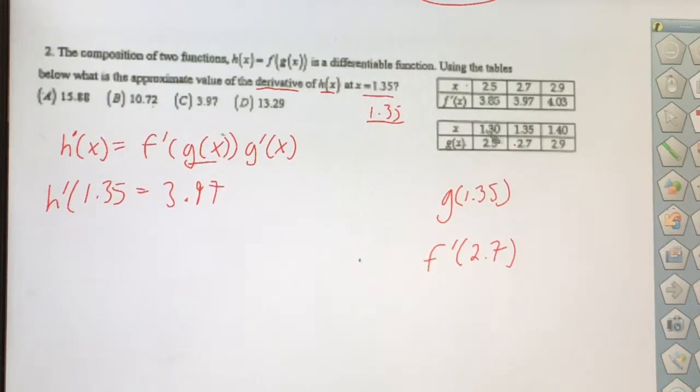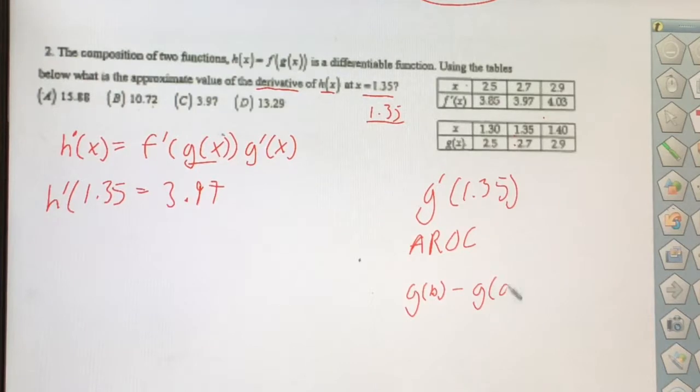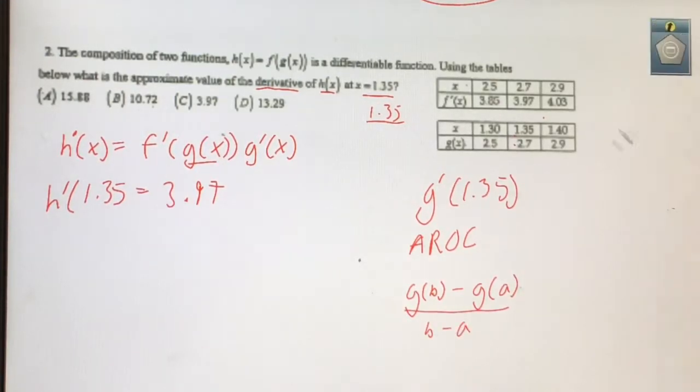Now this is the tricky part. I don't have a g prime graph, and it wants to know what g prime of x is. So in order to find g prime of 1.35, I'm going to use a rock, the average rate of change, to find the slope at 1.35. Notice 1.35 is directly between 1.30 and 1.40. So I'm going to do g of b minus g of a all over b minus a. G of b is 2.9 minus g of a is 2.5, over b minus a, 1.4 minus 1.3.